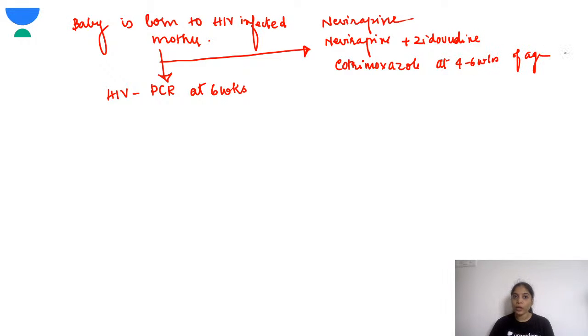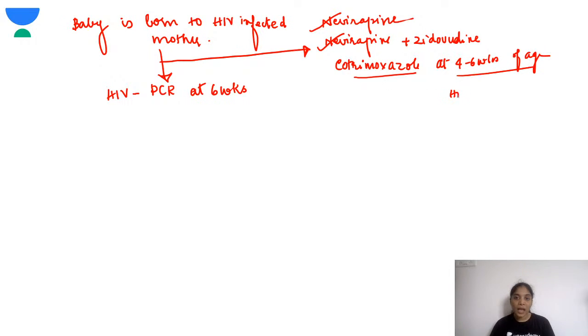So, what did I say? When the mother is infected with HIV, you start with nevirapine. If the mother has not received antenatal therapy and has received only intrapartum antiretroviral therapy, you give nevirapine and zidovudine. And in high risk children, you start cotrimoxazole at 4 to 6 weeks.